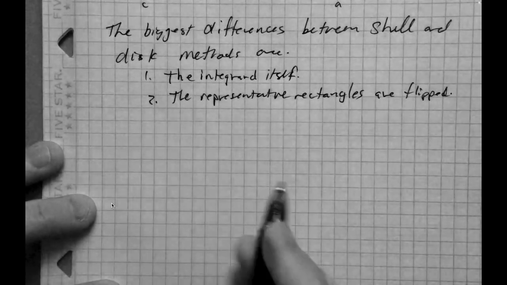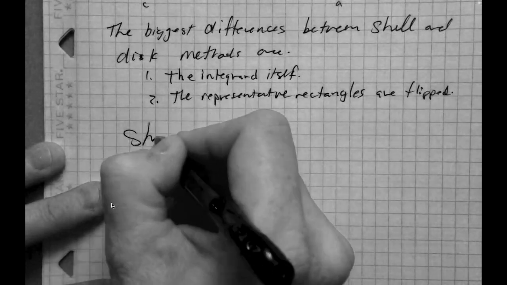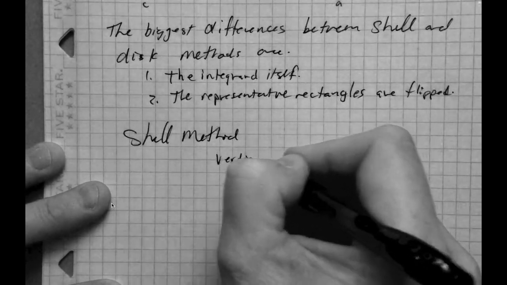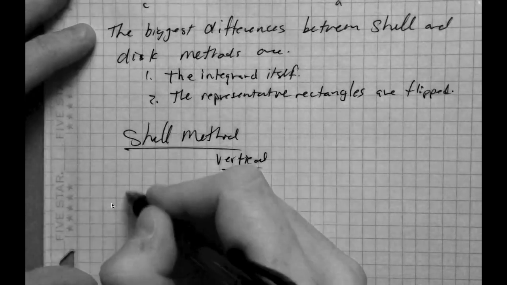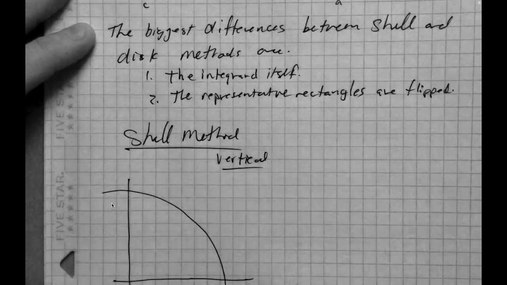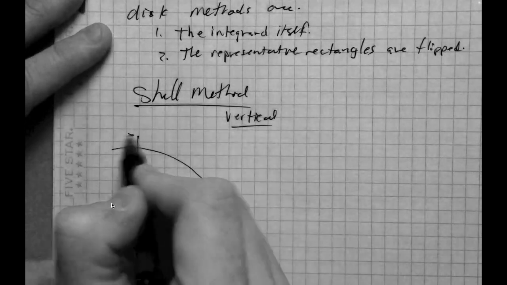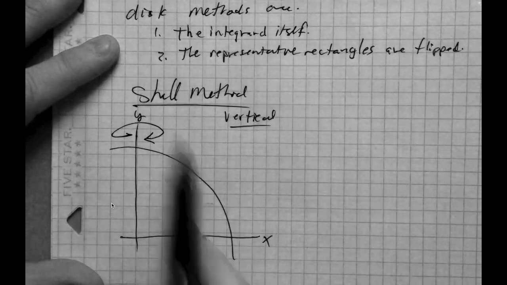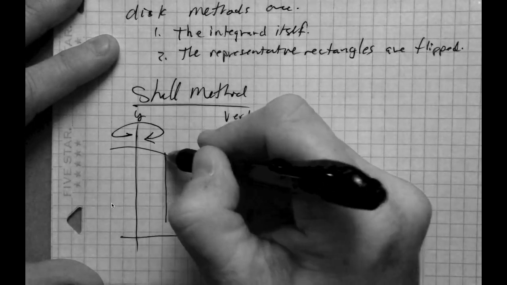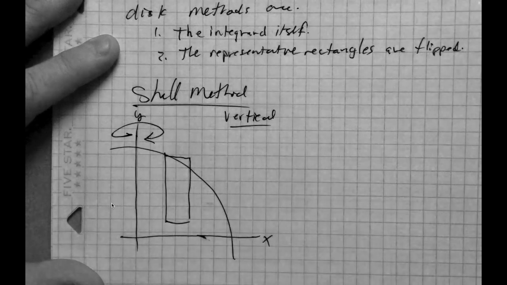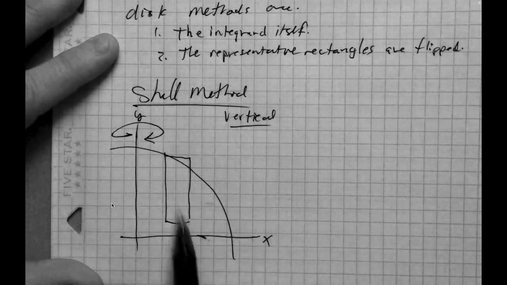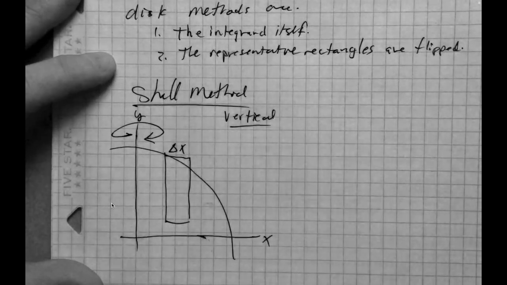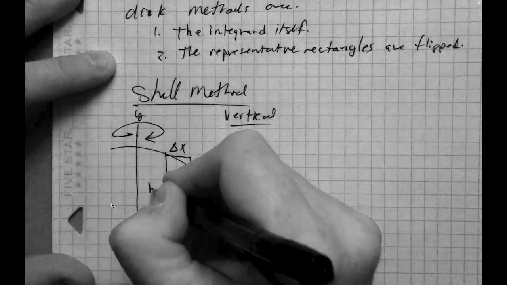Okay, so let's just recap. So on the shell method, all right, you had the vertical setup. Okay, so same picture. So rotating again around the y-axis. So with the shell method, we had vertical, right? We had the vertical representative rectangles. That means we're going to have a delta x width. We're going to have an h.